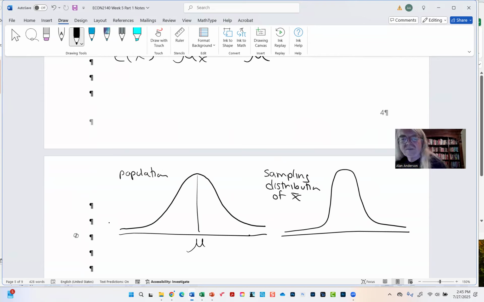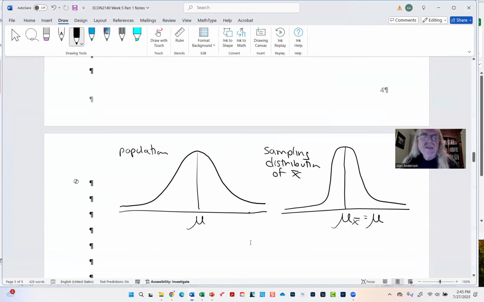Then we have some value sigma on this side, oops, let me get that straight. The center of that distribution is the same as the population, but the difference, as you can see from the two, is that the standard deviation is much smaller for the sampling distribution.